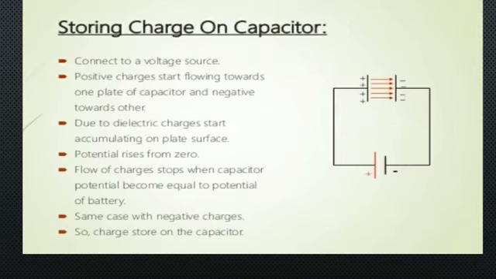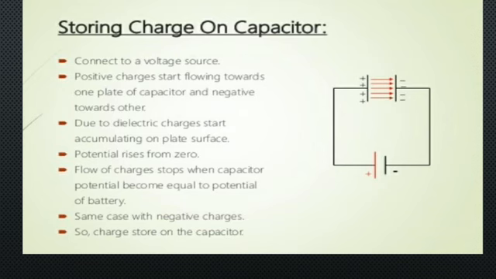Storing charge on a capacitor is very simple. This is the main construction, with the capacitor connected to a battery. When the voltage source is connected, positive charge starts to flow towards one plate of the capacitor and negative charge towards the other plate.